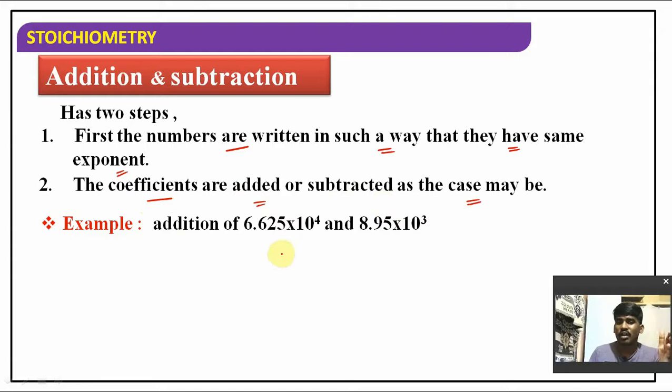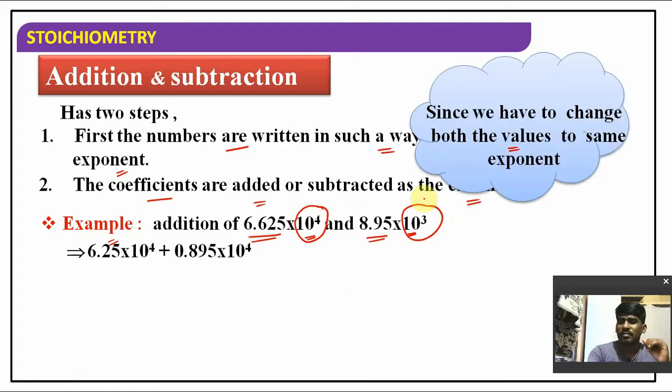Then you have to go for addition or subtraction of the coefficients. If we see the example here, addition of 6.625 into 10 to the power of 4 and 8.95 into 10 to the power of 3. But here the exponent is 4, here the exponent is 3. Exponents are not the same. So in such cases, we have to change both the values to the same exponent.